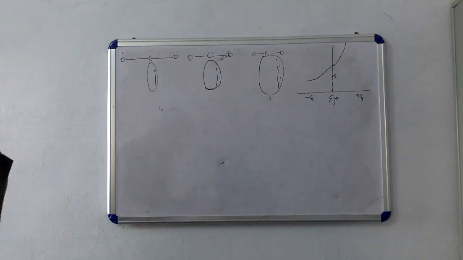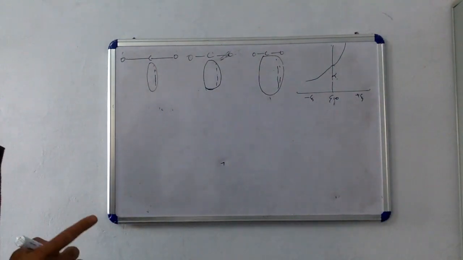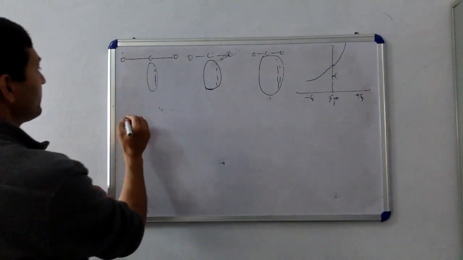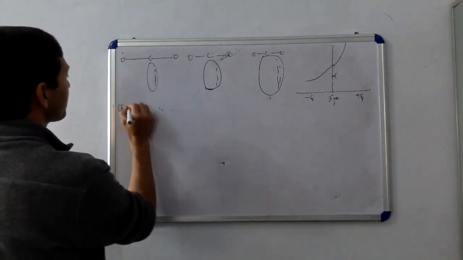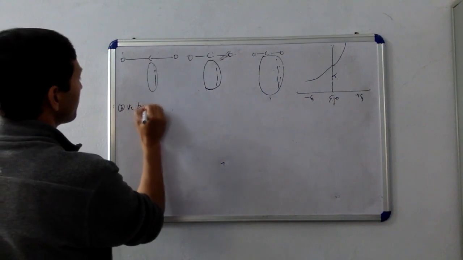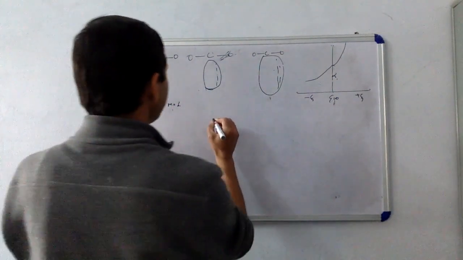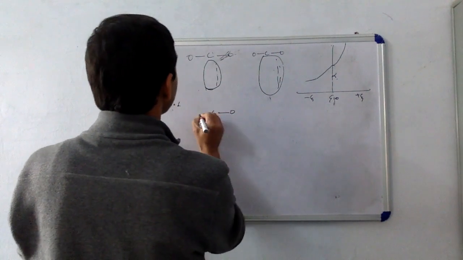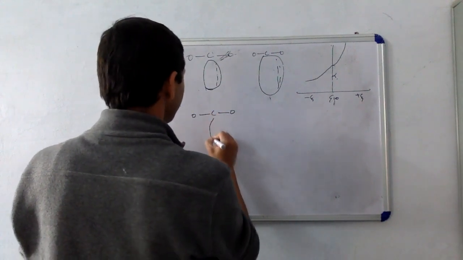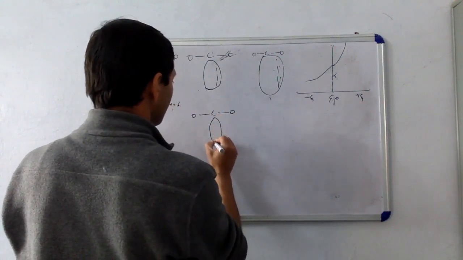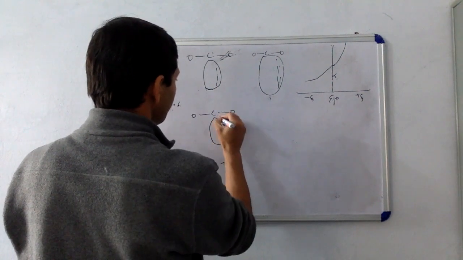Now, this is the first case, the symmetric stretching mode. The second mode is the bending mode, V2. Again, this center one is my equilibrium position. These all are the same sign, and be careful.